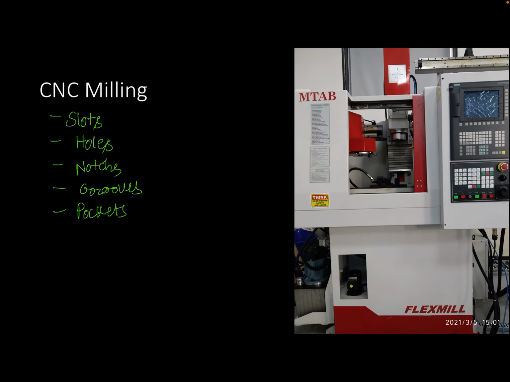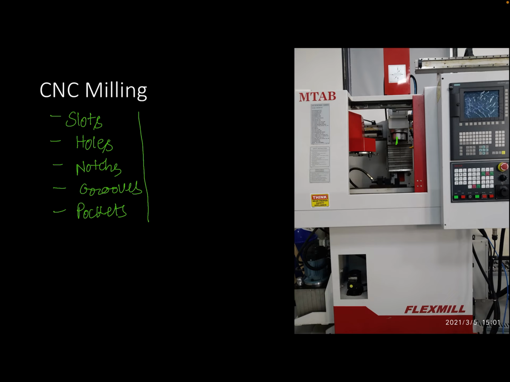They use rotary cutting tools on the mill to remove material from the stationary workpiece. So in this case, the milling cutter will rotate. Here you can observe the head where milling cutters can be mounted using automatic tool changers or the magazine in many cases.